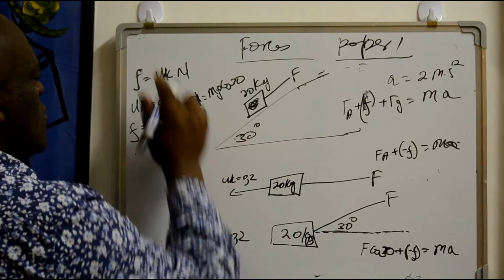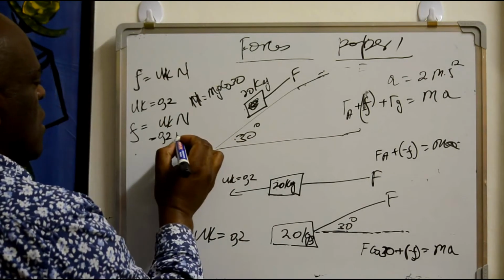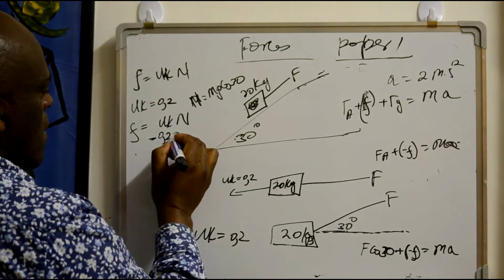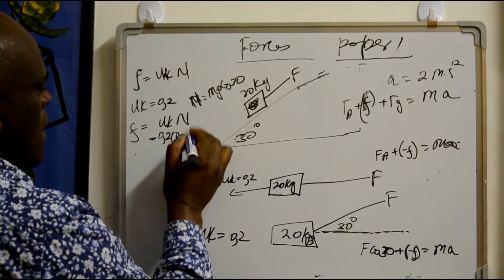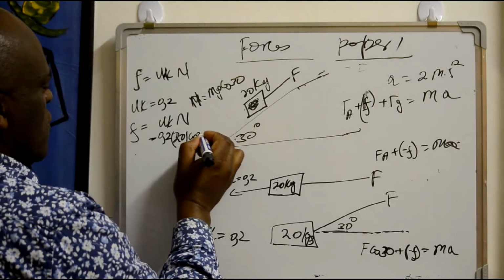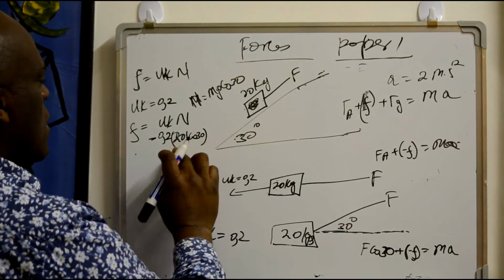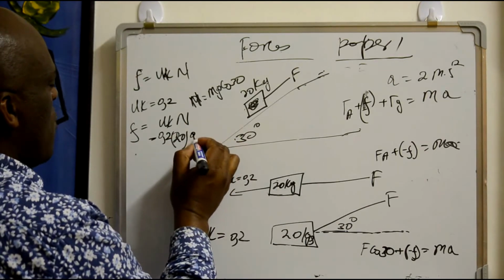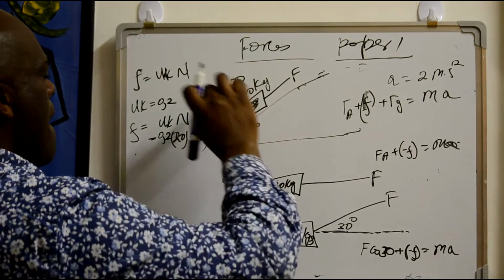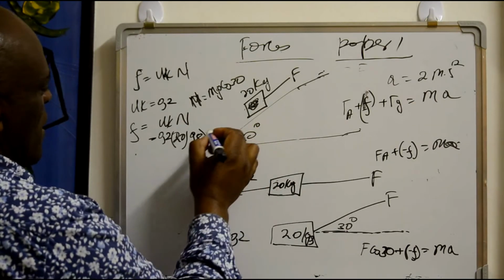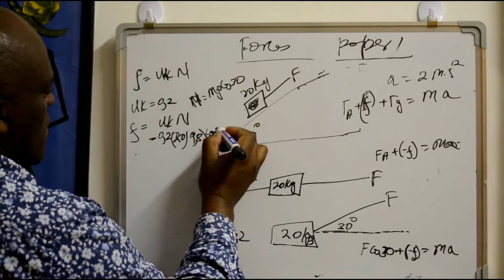Instead of writing N, it is mg cos 30. And what is my mass? It is 20. Sorry, I don't have my cos 30 degrees.